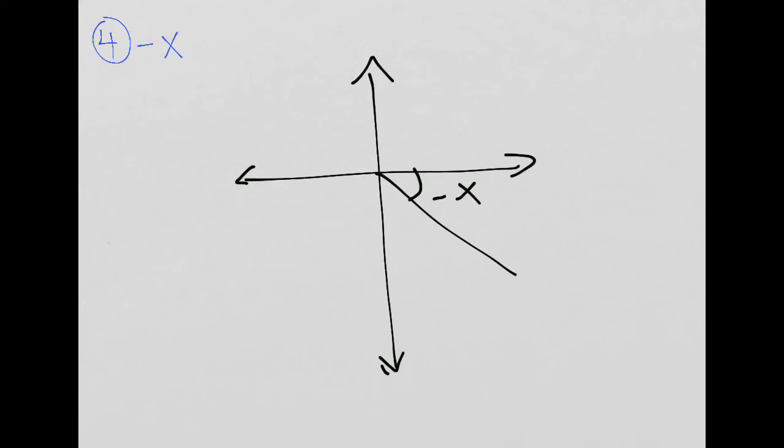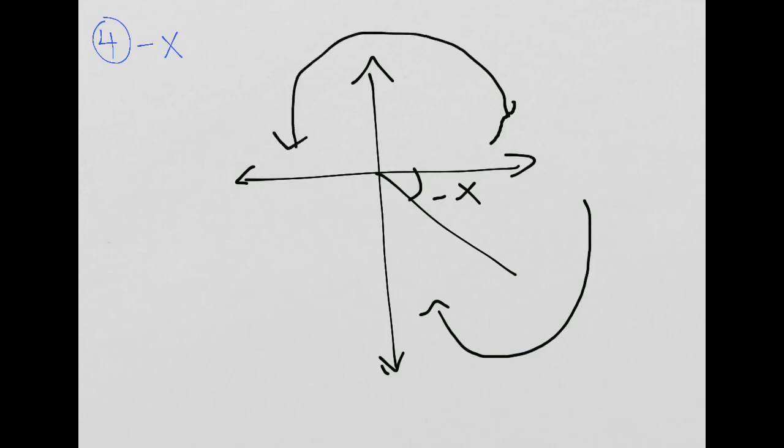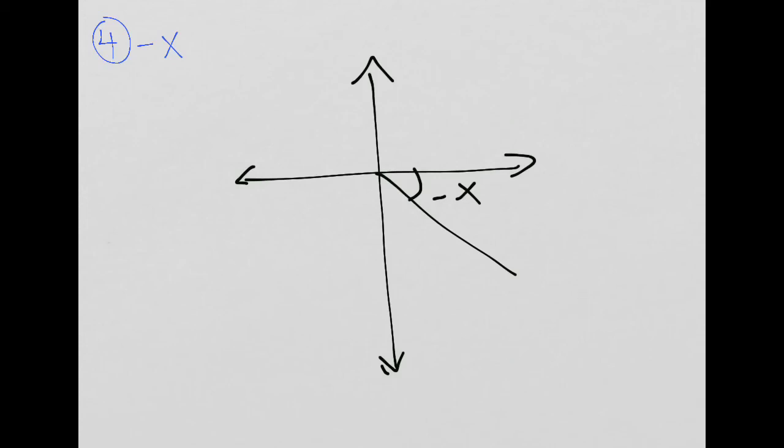So now we're going to move on to the last identity, negative x. When it says negative x, let me draw a diagram. We know that x is always an acute angle, and if it's a negative angle, that means it's going in a clockwise direction, opposed to the direction we usually go. Therefore, we know that it's always going to be in the fourth quadrant.